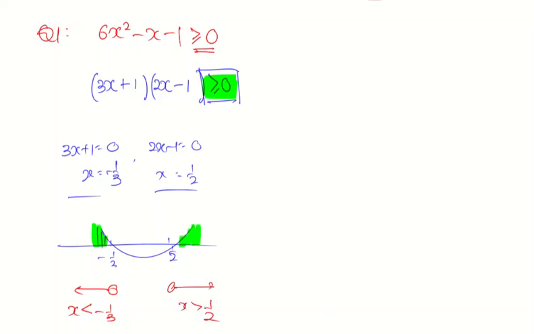Now notice that this one is more or equals. More or equals, that means it can include this and include this. Okay, so this is how we solve this question.